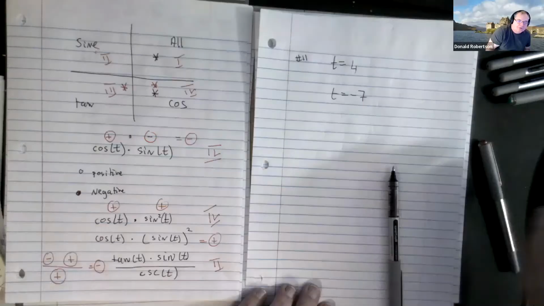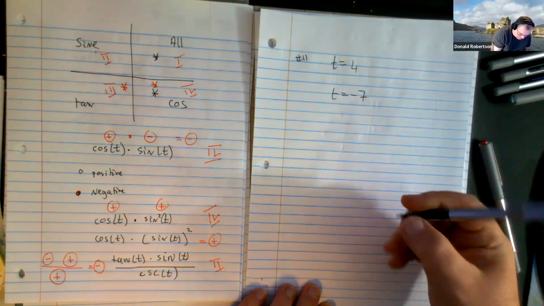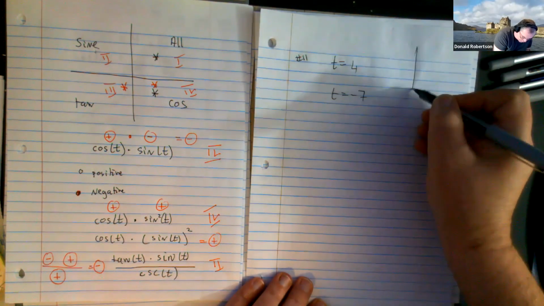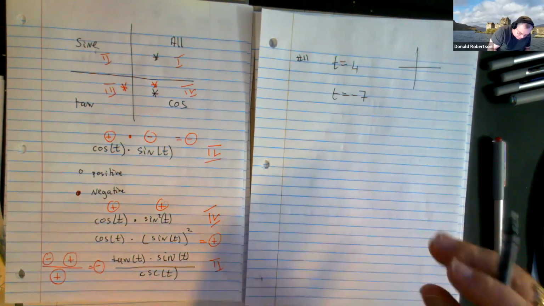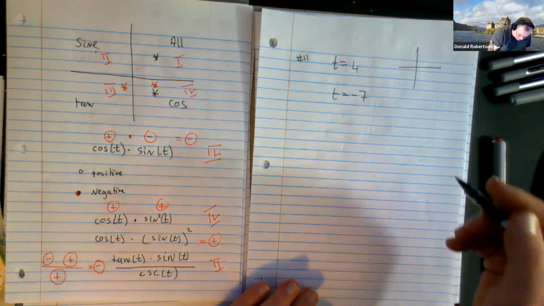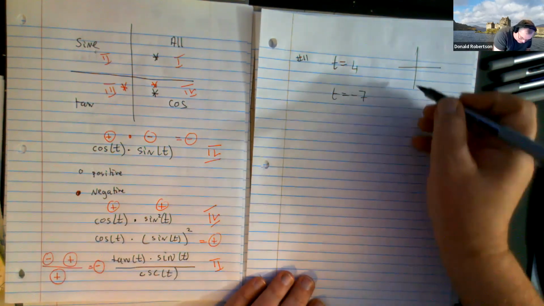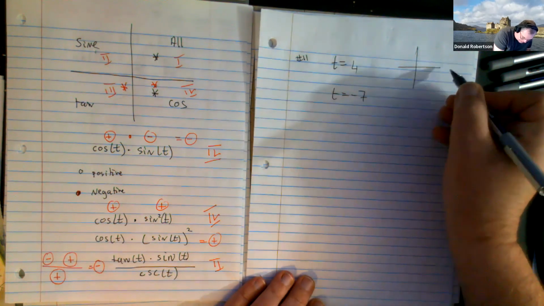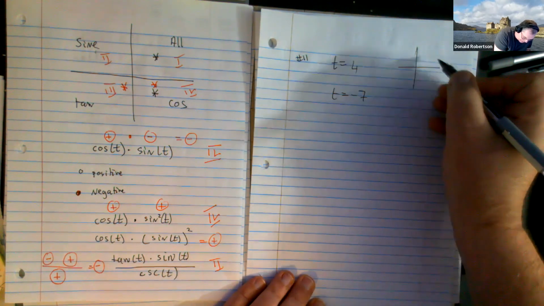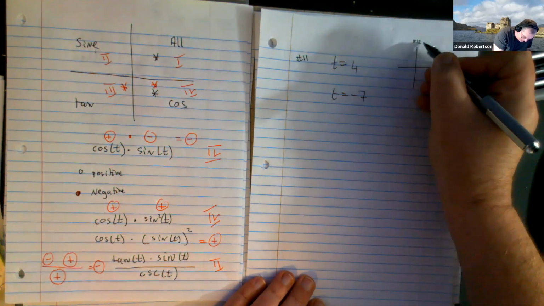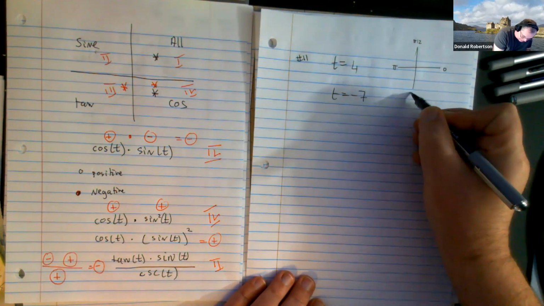What you're meant to do with this guy here is figure out which quadrant it's in and then choose the appropriate formula to get its reference angle. So if you take 4, for instance, that's 0, that's pi upon 2, that's pi, that's 3 upon 2 pi, and that's 2 pi.